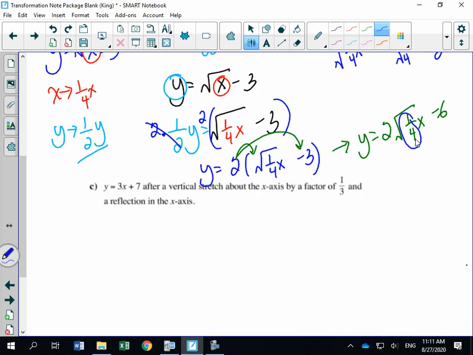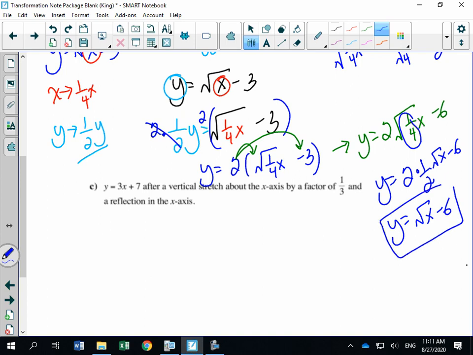Okay? So what this becomes is y is equal to 2 times 1/2, because the square root of 1/4 is 1/2, times root x minus 6. That becomes 2 times 1/2 is just 1. So the answer is actually root x minus 6. So again, this would be like a standard of excellence question.